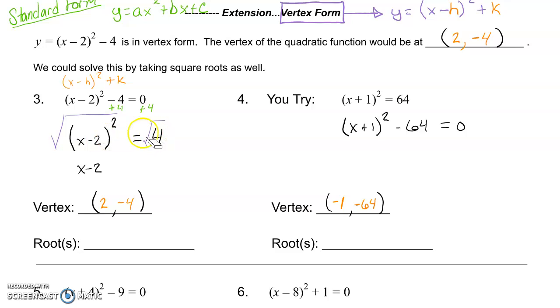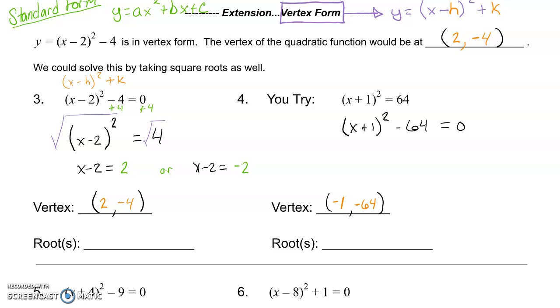When we take the square root of both sides of our equal sign, it's not just one answer. This is equal to 2 possible answers. The square root of 4 could be 2, or it could be negative 2. So x minus 2 could equal 2 or negative 2.